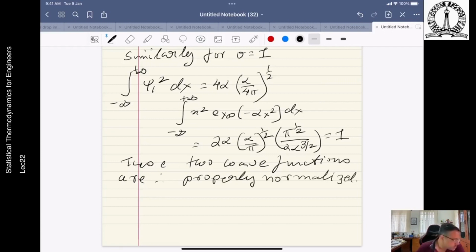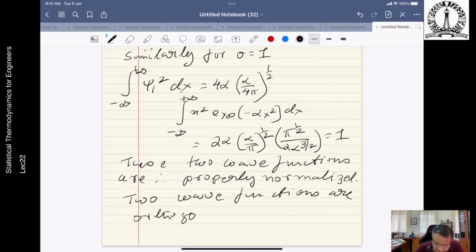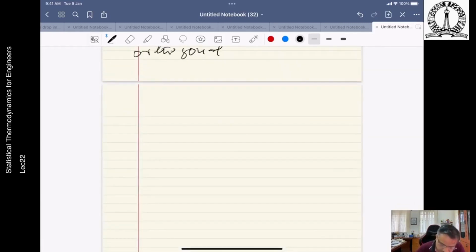Now we recall that if two wave functions are orthogonal, then the integral from minus infinity to plus infinity of psi naught psi 1 dx should be equal to 0.